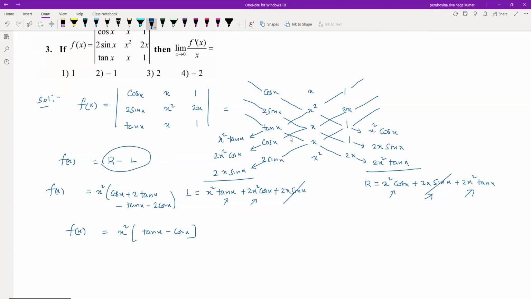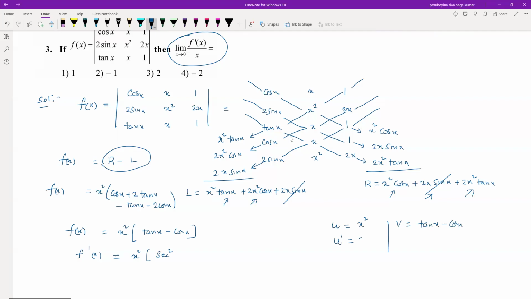And if you do f dash, because the problem consists of f dash x by x. So what we will do, we will use the u into v rule because derivative, you know how to do that. x square of tan x derivative secant square x. So here I am mentioning u means x square, v means tan x minus cos x.